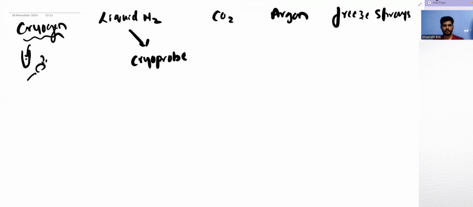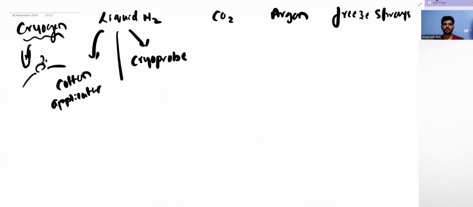For example, if there is a wart, you can dip a cotton stick into the liquid nitrogen and apply it onto the surface of the wart itself. Or it can be used in the form of a spray. It is compressed into a canister, held 10 to 15 centimeters from the lesion, and sprayed over. So it can be used as a cotton applicator, a spray, or a cryoprobe.